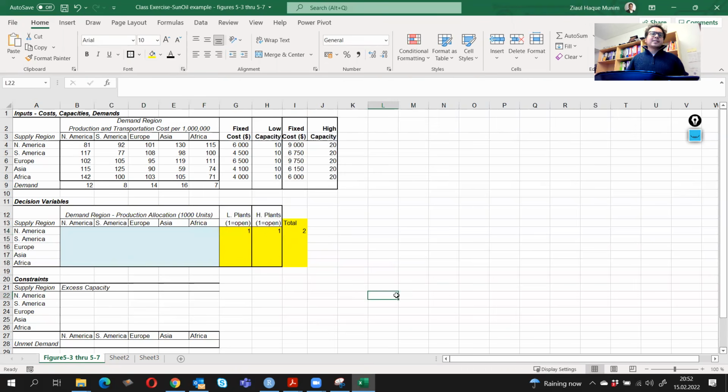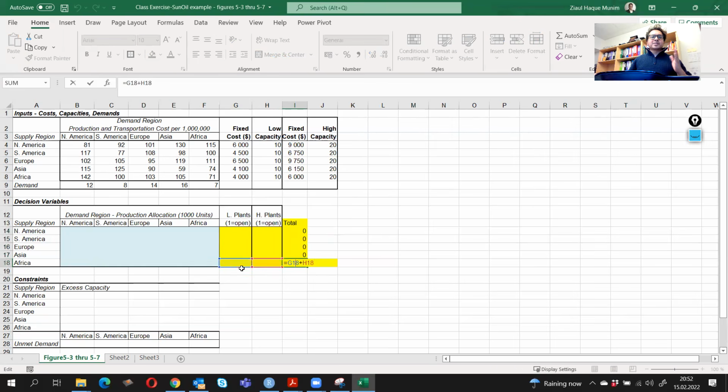Then we have 2 plants in North America. Sometimes we want to force the model to give us only 1 plant per supply region. That's why it is a good idea to have this total plant column here. But I'm now going to remove these both from here because that's something we should get from the optimization. I am going to drag this one up to this point, so it's just the sum of the 2 columns for plants.